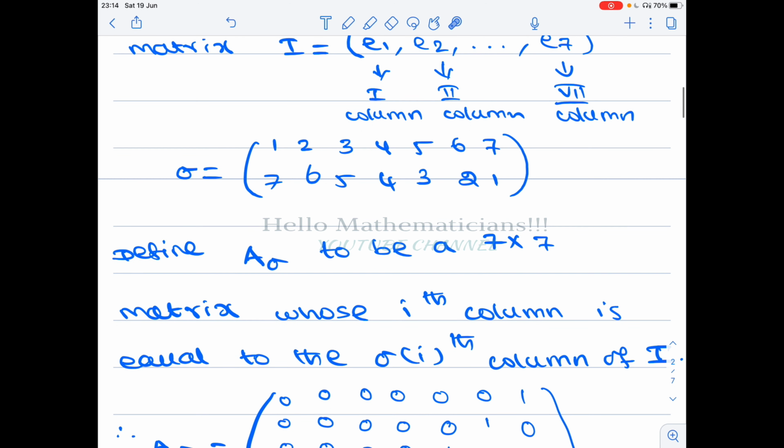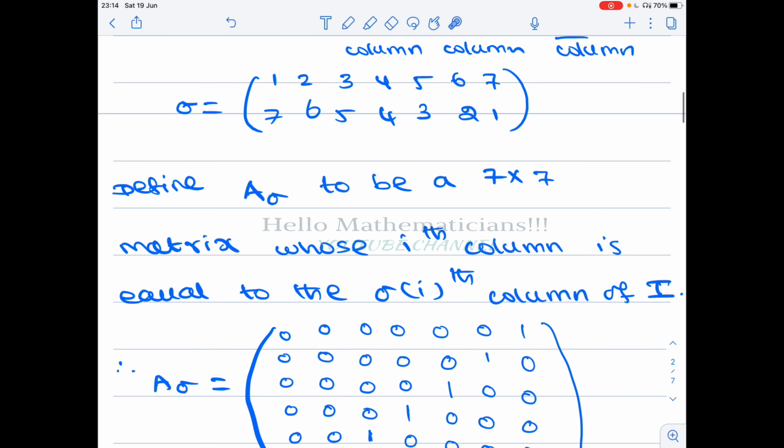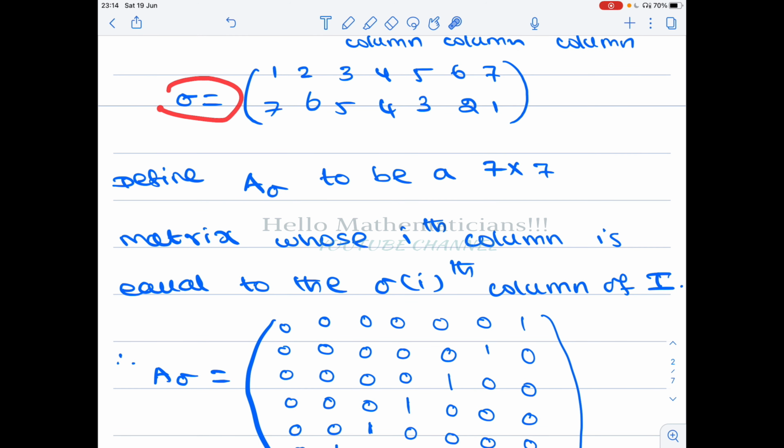Now we again consider the same permutation we just discussed above. I define the permutation matrix associated to this permutation. How is it defined? Not just this permutation, you can take an arbitrary permutation and associate a matrix to it, called the permutation matrix associated to this permutation.